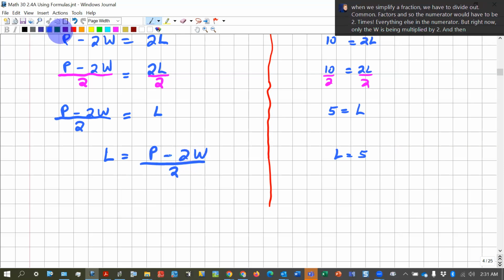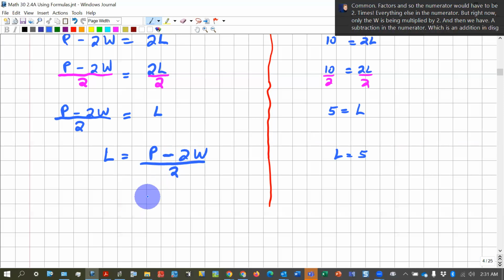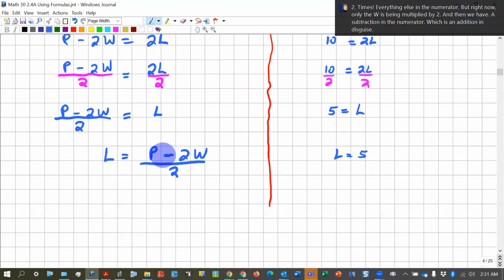And then we have a subtraction in the numerator, which is an addition in disguise. But if you have addition or subtraction in either part of your fraction, that means that you don't have the numerator factored, right?